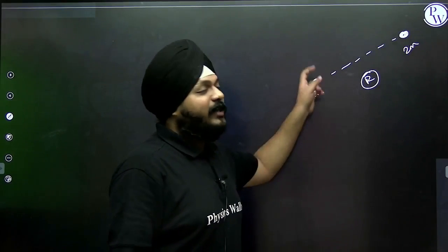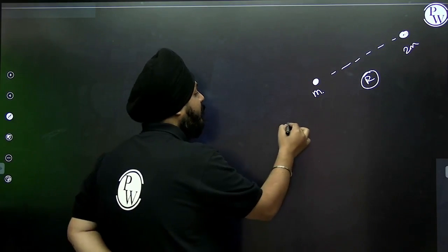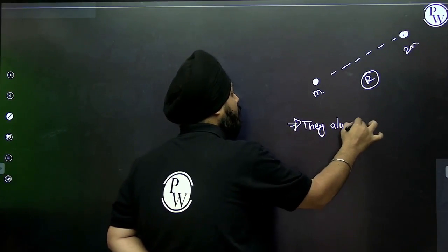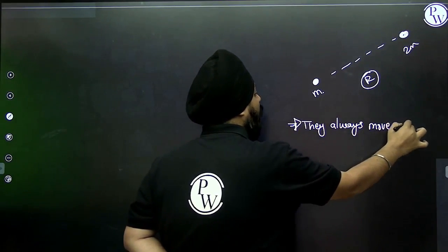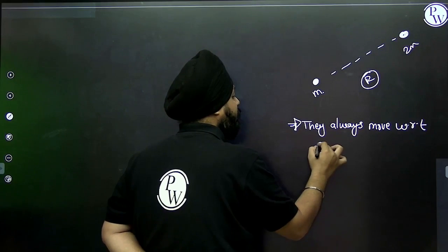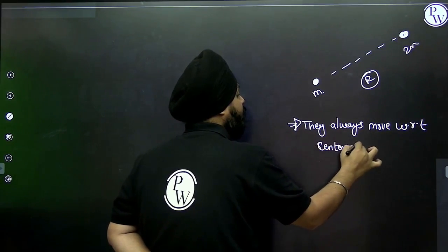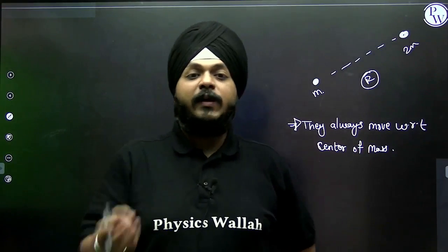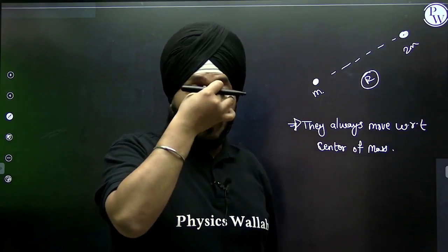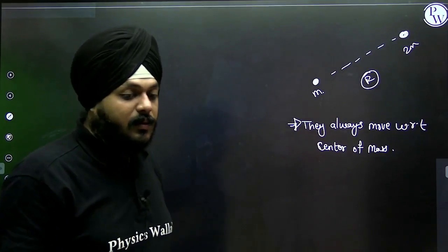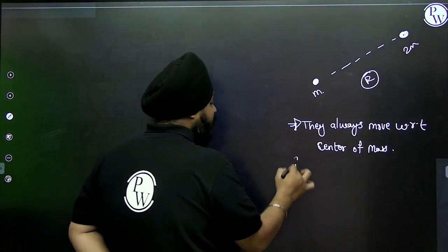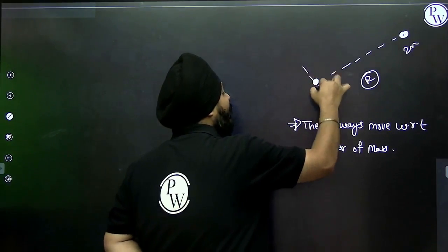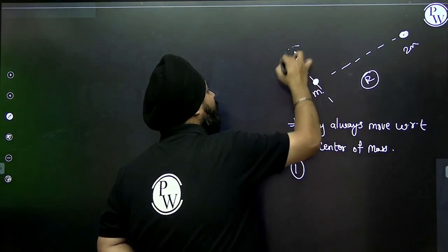But if it is a case of unidentical particles, they always move with respect to the center of mass. So first of all, in this step, we need to locate the position of the center of mass. So let's use the concept of the center of mass.